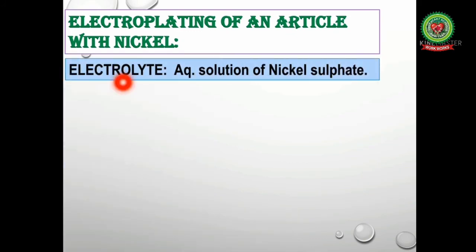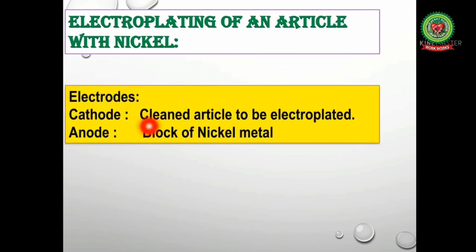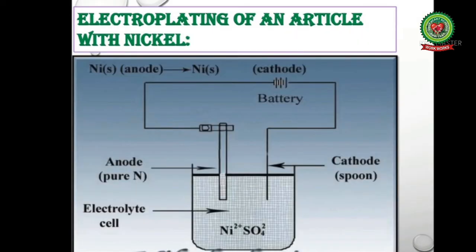For this purpose, the electrolyte used is an aqueous solution of nickel sulfate. If nickel plating is to be done, the iron article to be coated is made the cathode, whereas the pure nickel plate is made the anode, and a solution of nickel sulfate containing a small amount of dilute sulfuric acid is used as an electrolyte.